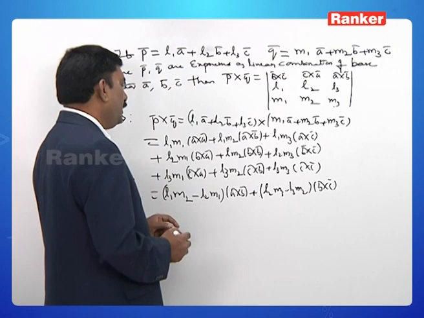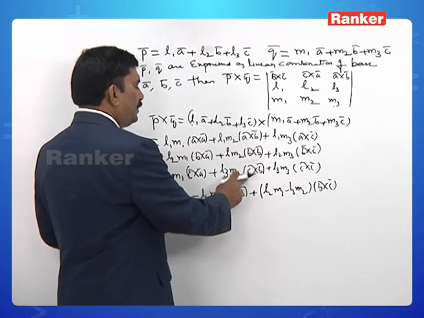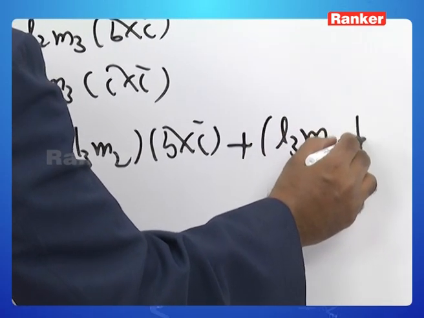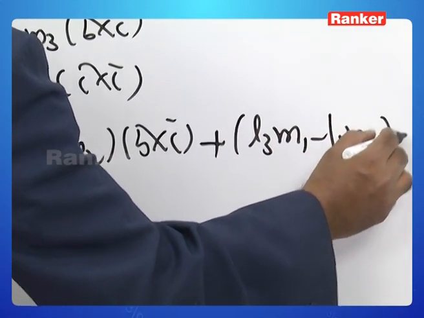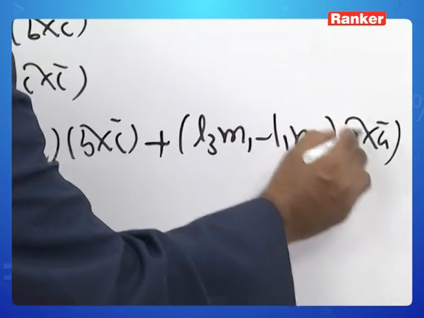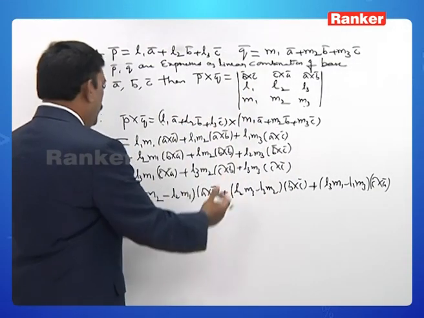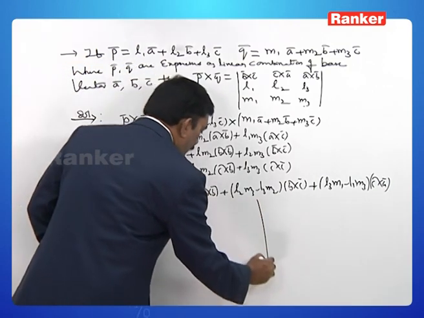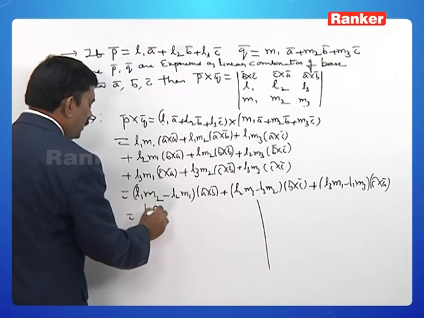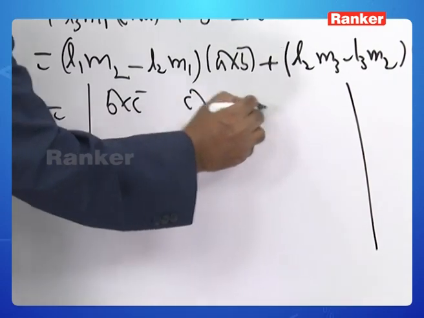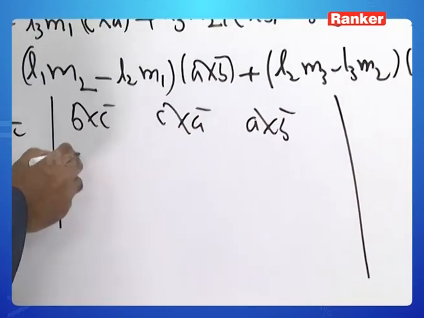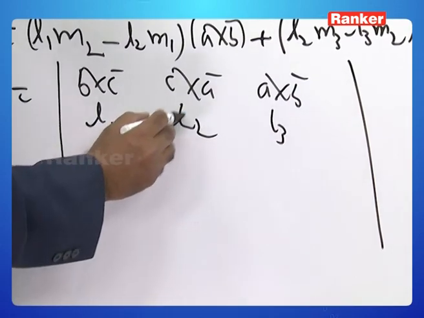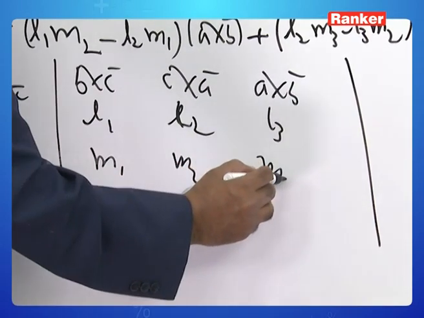Next, L3 M1 minus L1 M3 into C bar cross A bar. This is the same as the value of the determinant with rows B cross C, C cross A, A cross B; L1, L2, L3; M1, M2, M3.